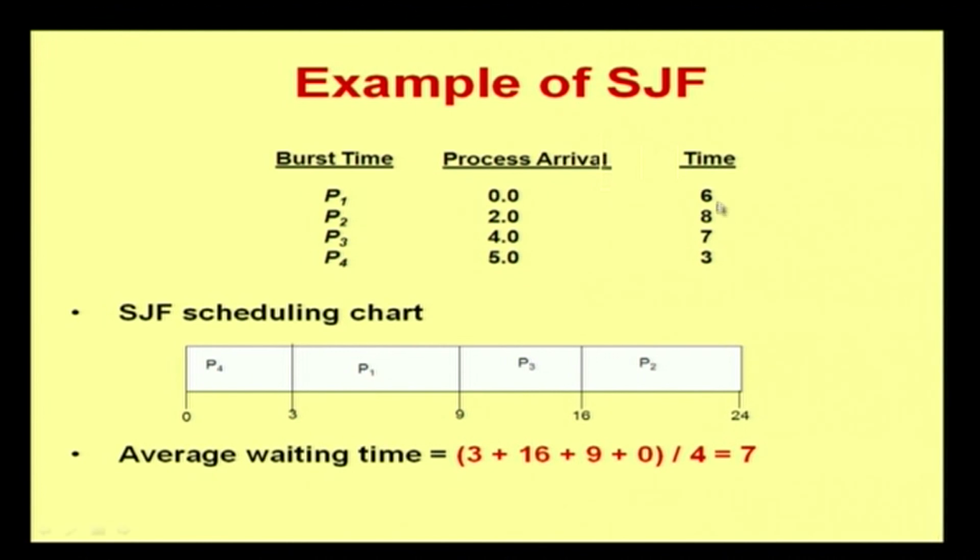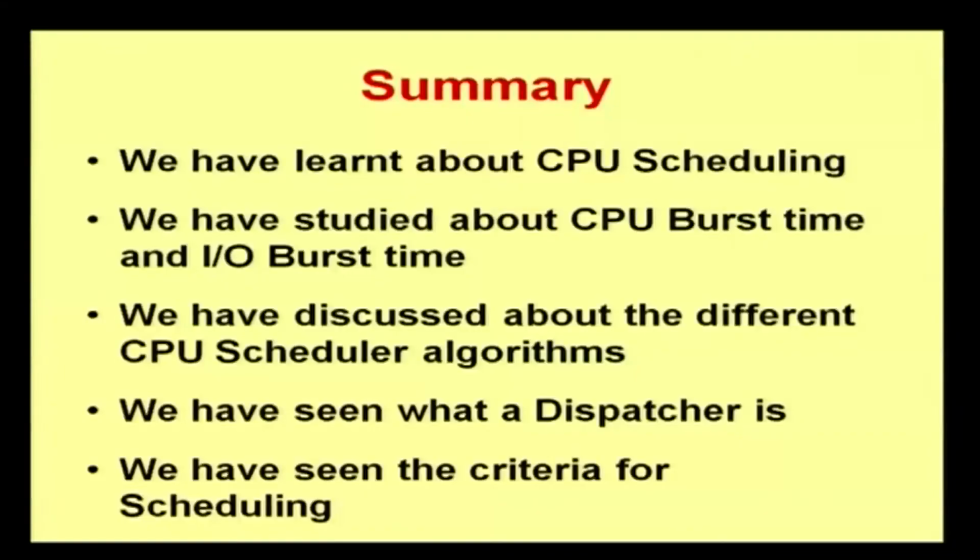Now based on the approach, we can schedule the algorithm. We can use the algorithm either as first come first served or as shortest job first. Now let us summarize the topics we have seen in this session. We have seen the basic concepts of CPU scheduling: what CPU scheduling is, what a burst time is, what an IO burst time is, and what a CPU burst time is.